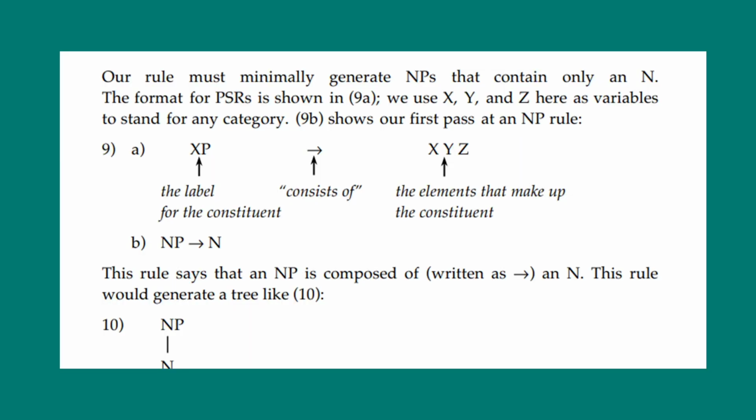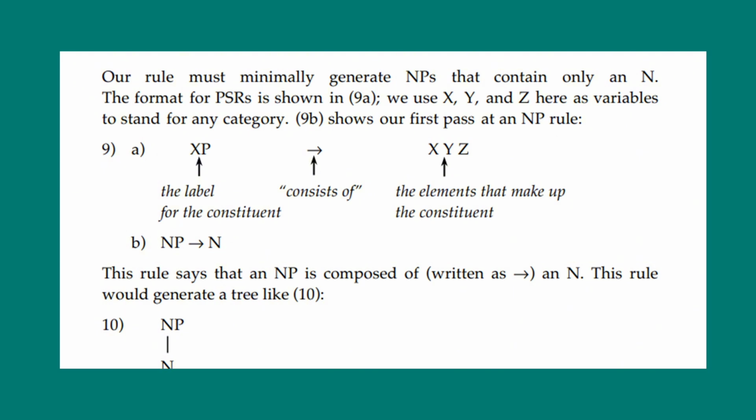One rule must minimally generate NPs that contain only an N. The format for PSRs is shown in 9a. We use X, Y, and Z here as variables to stand for any category, where 9b shows our first pass at an NP rule.